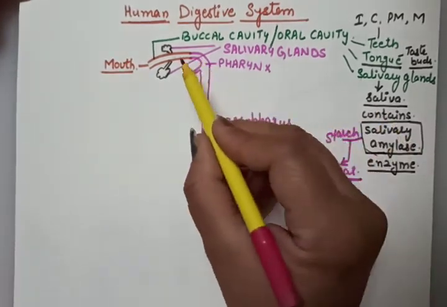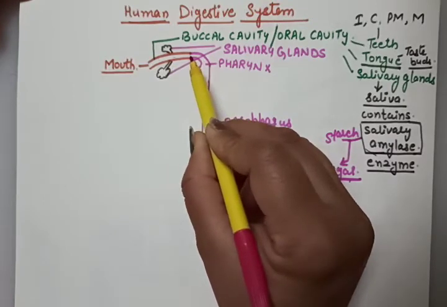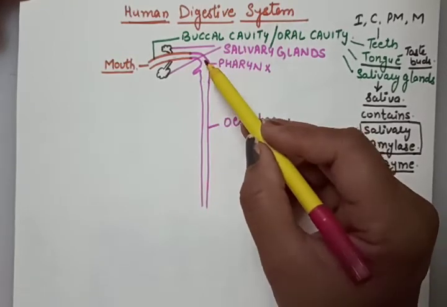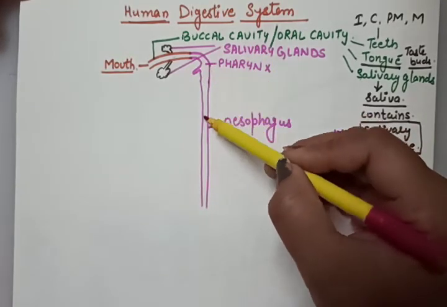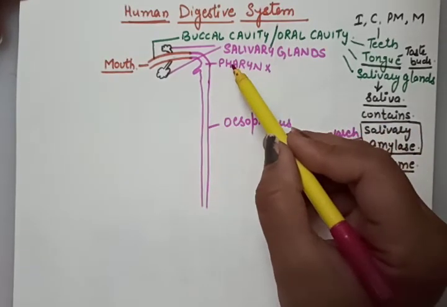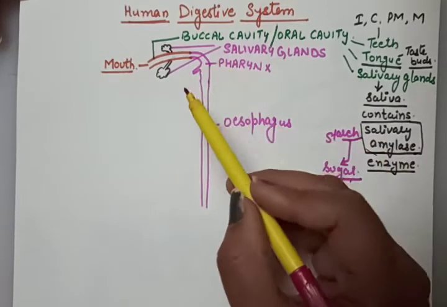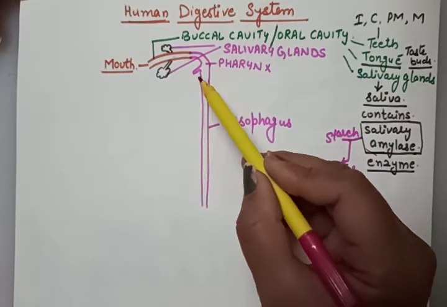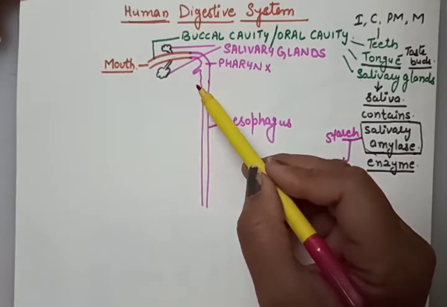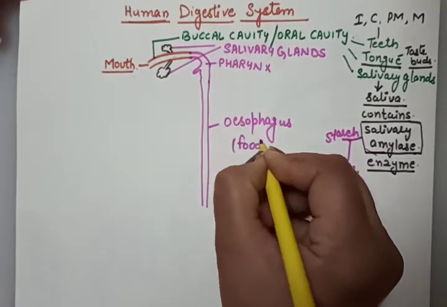When you open your mouth you will see the hollow, funnel like structure at the back of the oral cavity, and that opens into a tube like structure that is called the esophagus. Pharynx is the common passage for air and your food. So here two tubes are there. One is the windpipe and one is the food pipe. So esophagus is also known as food pipe.